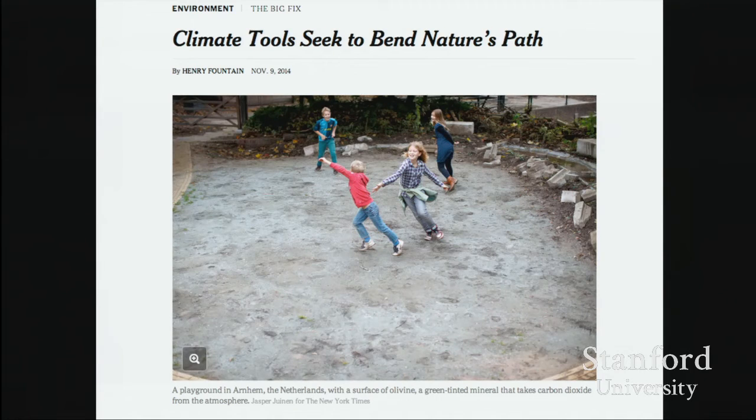So this is the same mineral, olivine. Here they've put it on a playground, and the idea is that this mineral will just sort of take up CO2, convert it into bicarbonate, or make a magnesium carbonate mineral in the playground. And the people working on this have some interesting ideas about sprinkling olivine around.